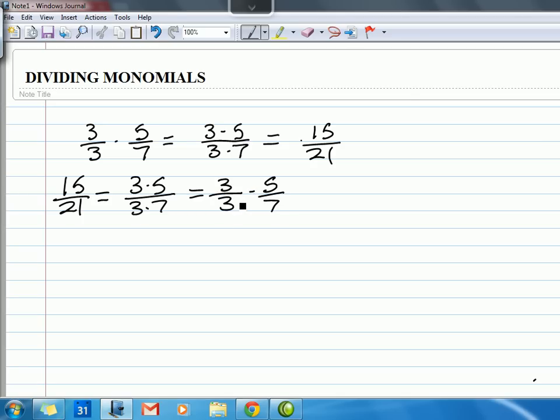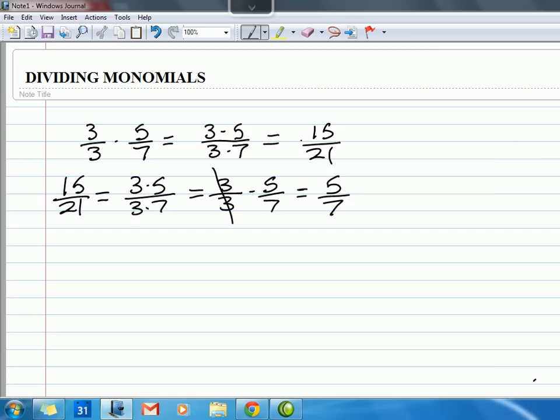Notice that 3 over 3 equals 1, so we can cross that out, and all we're left with is 5/7. So we can reduce 15 over 21 to 5/7. That's the whole idea of reducing: you're basically just backwards multiplying.